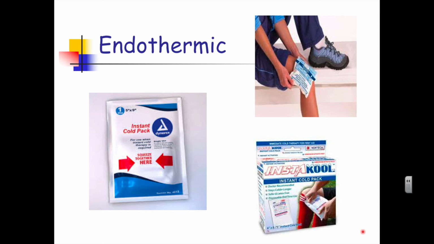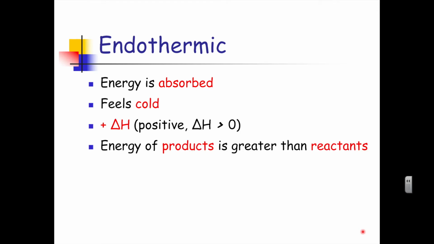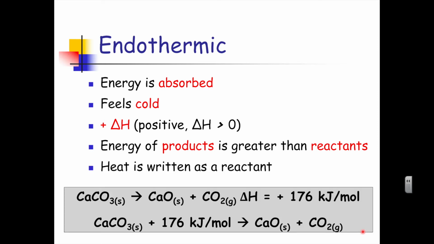That's an endothermic reaction. Lots of good ones. So energy is absorbed, it feels cold, it has a positive delta H, the energy of the products is greater than the reactants, and heat is written as a reactant.